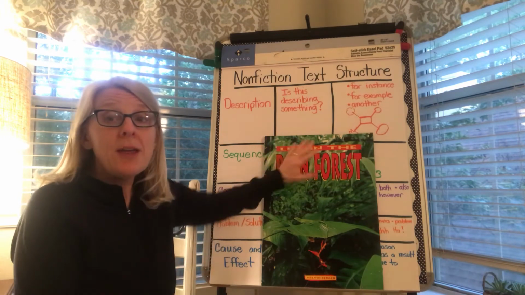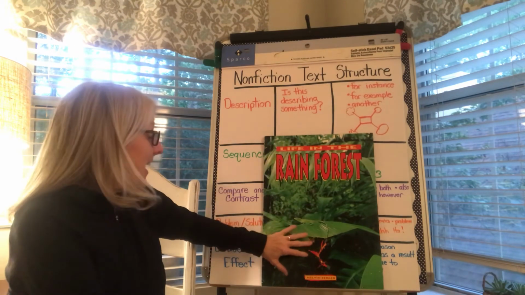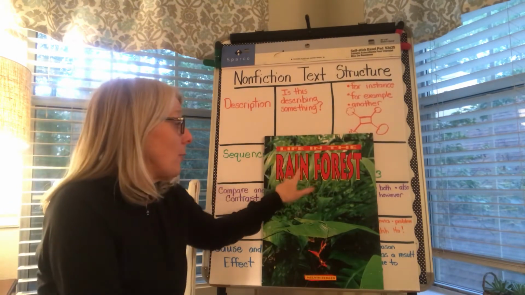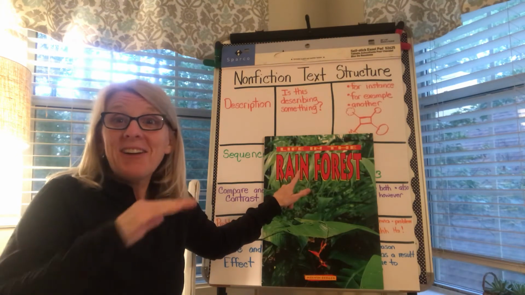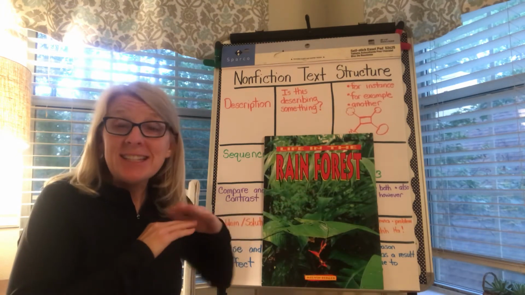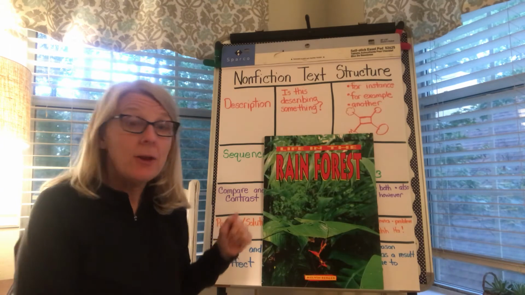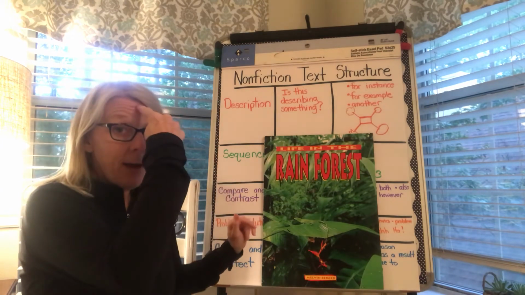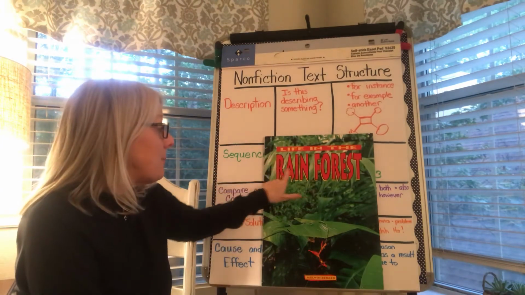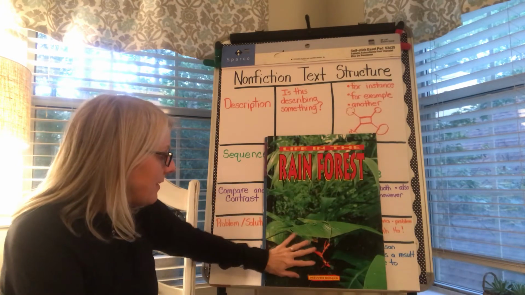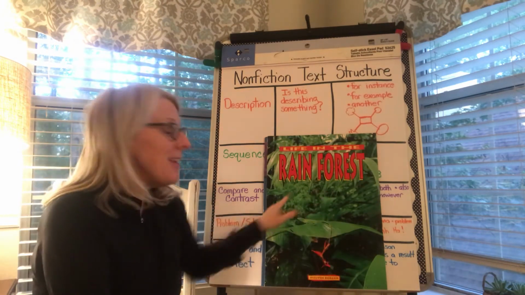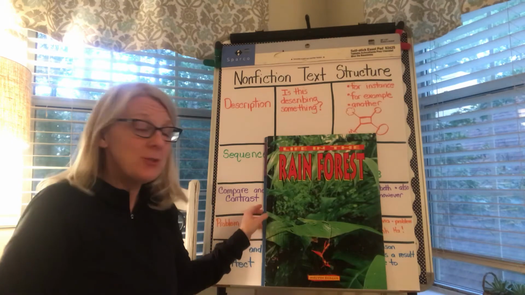So right away we look at the front of our text and we see Life in the Rainforest. Boom. Nonfiction books are great. They tell us exactly what the book's going to be about. So I know in my head that this book is about the rainforest. And then I see pictures that help back up that title too.